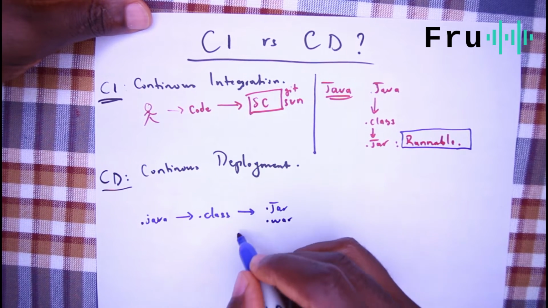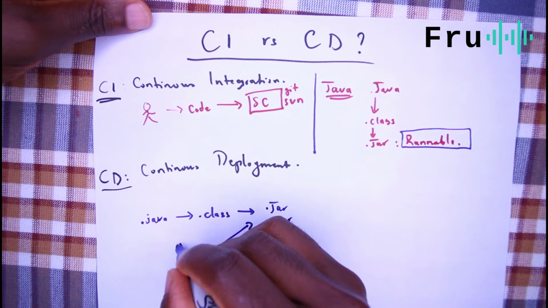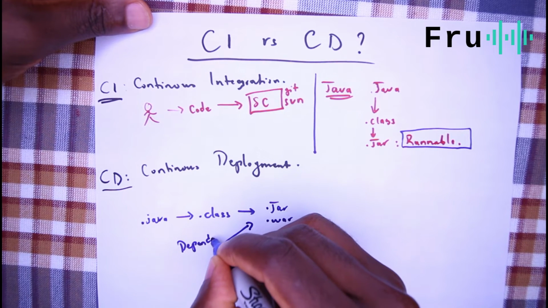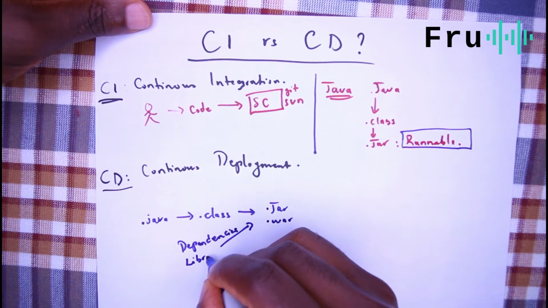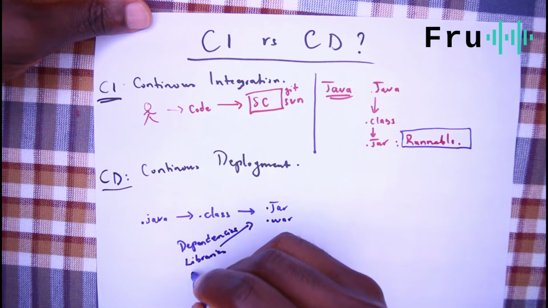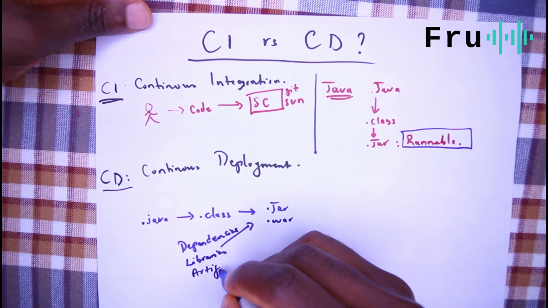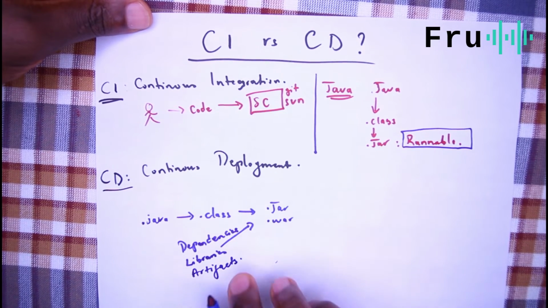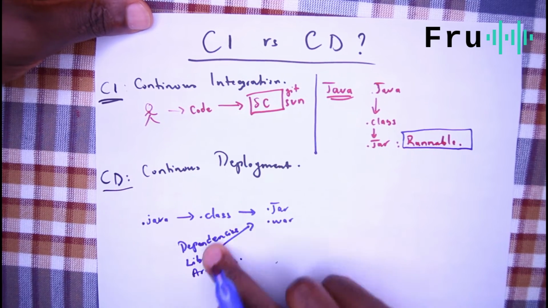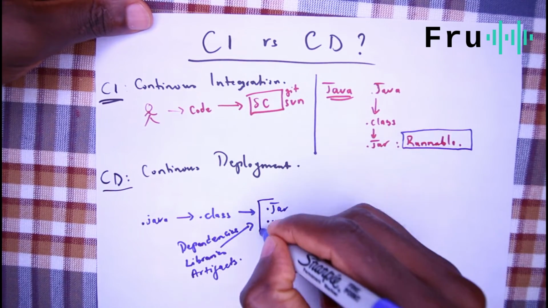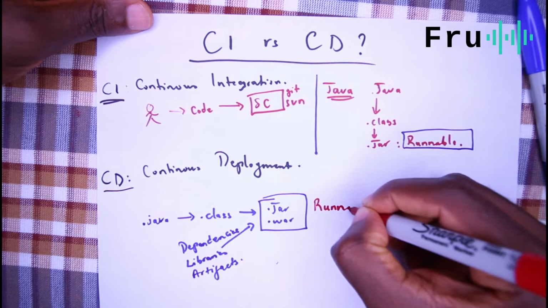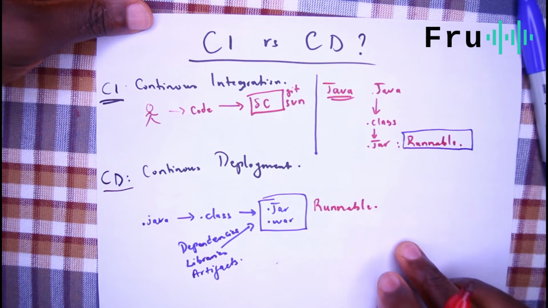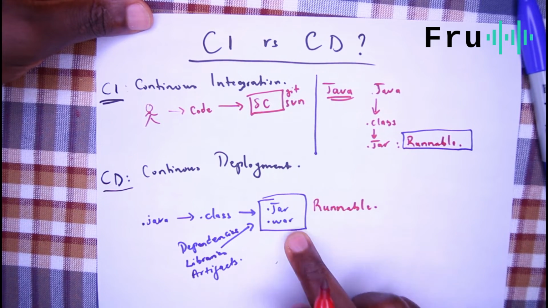And at this point, we are bringing in all the dependencies that we need: libraries and other artifacts. We want to bring all of that into building this thing here, which is going to be your runnable. This is what actually runs.